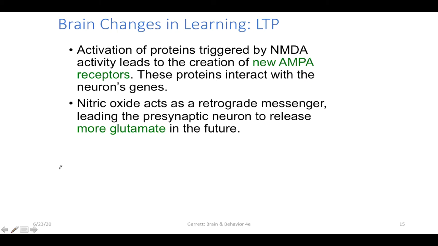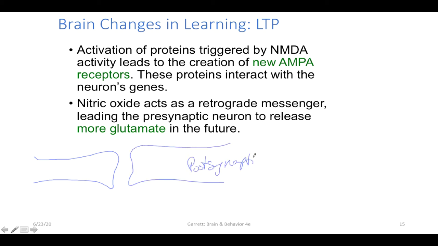In addition to that type of change in the postsynaptic neuron, where we get an increase in the number of AMPA receptors, we also see that there is an increase in the amount of glutamate that gets released from the presynaptic neuron.